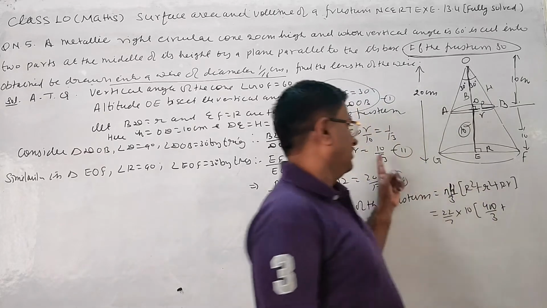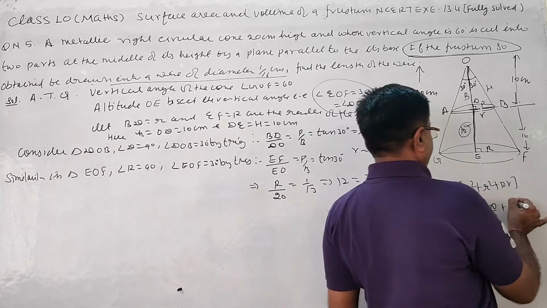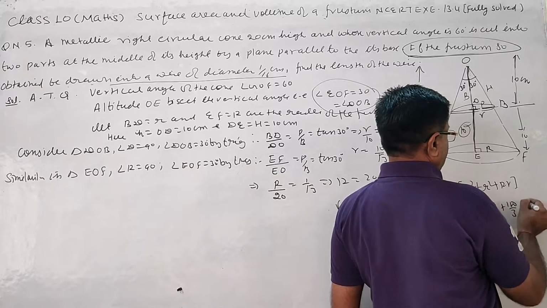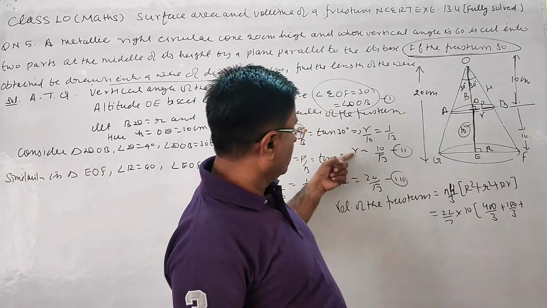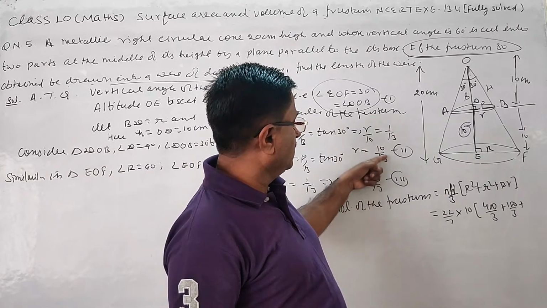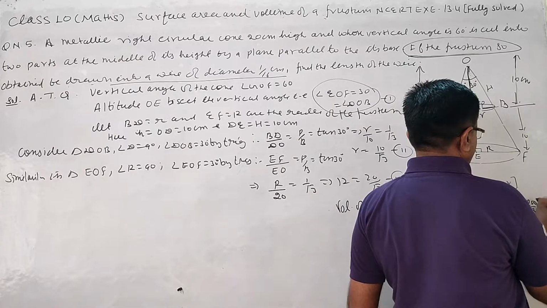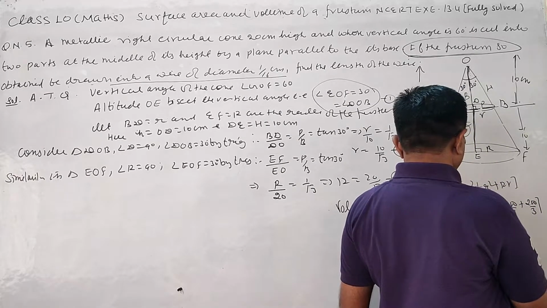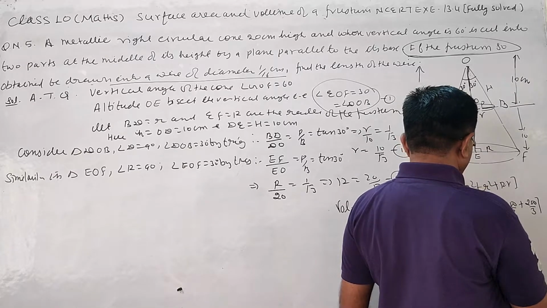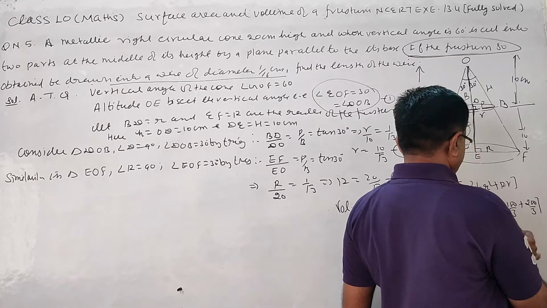Small r square is 10 squared, 100. R into r is 20 into 10, 200, and root 3 into root 3 is 3, so this gives 200 by 3. So 22 by 7 into 10, this is 400, 600, 700.